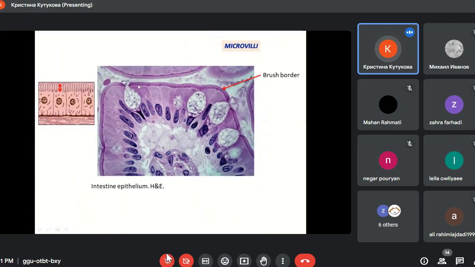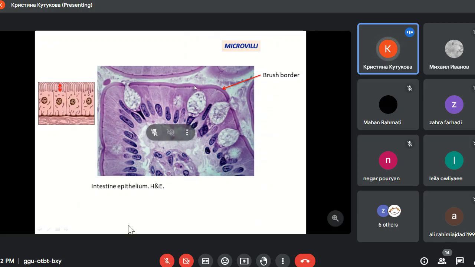When a cell has a lot of microvilli, like you can see here, 1, 2, 3, 4 cells, each of them has a lot of microvilli, then we call this structure a brush border, a lot of microvilli covering the cell surface. And this is how this brush border looks like in our light microscopy picture.